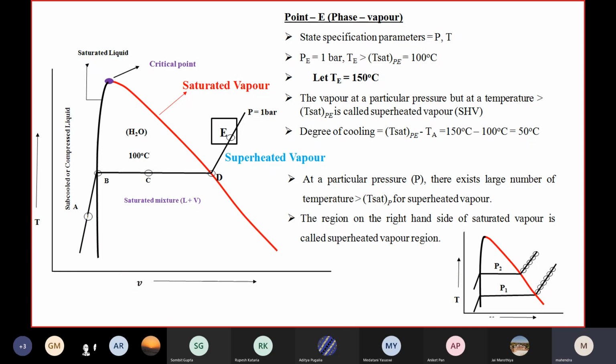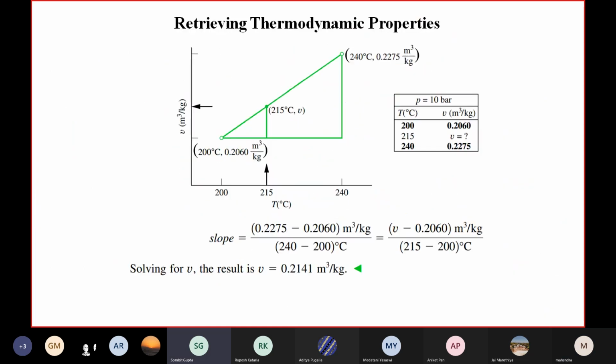Could you see them? Could you repeat the table numbers? Yes, tables A2 and A3 are for steam. Yes, sir, properties of saturated water.